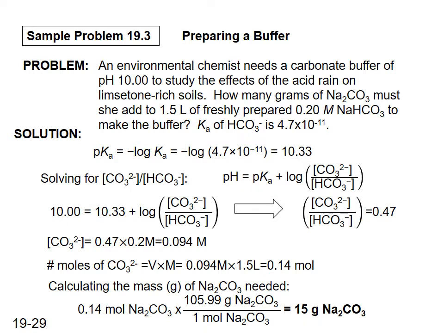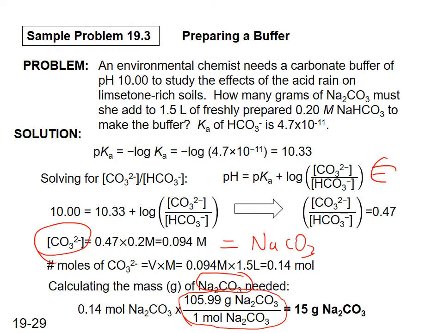In the last step, to calculate the mass of sodium carbonate, we need to use the molar mass of sodium carbonate, not the mass of carbonate. From the equation, what we solved is the concentration of the carbonate. But the carbonate concentration should equal that of sodium carbonate.